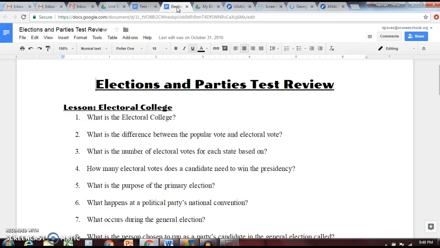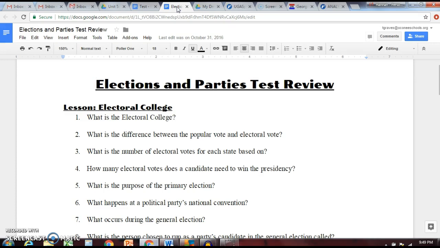And then we have 14 members of the House of Representatives. So if you add our two senators to our 14 members of the House of Representatives, that gives us 16 congressmen for the state of Georgia, which means we have 16 electoral votes. Every state will have at least 3 electoral votes because every state has at least 2 senators and at least 1 member of the House of Representatives.